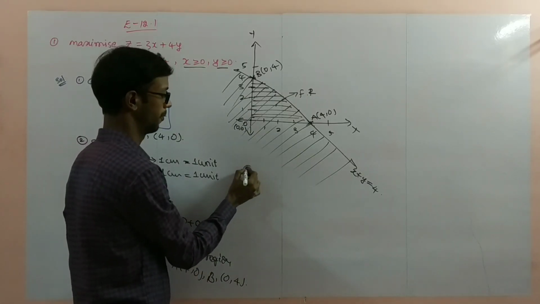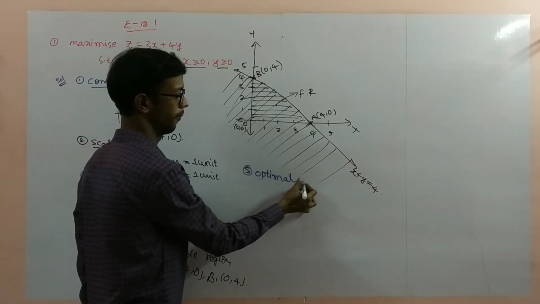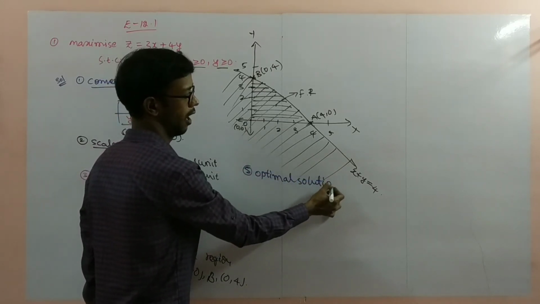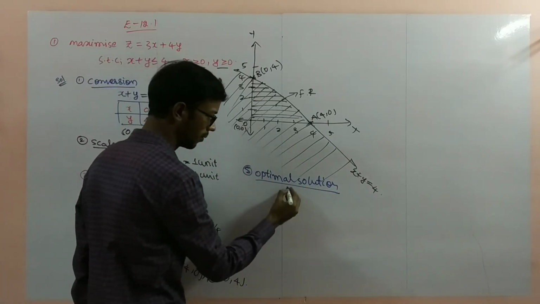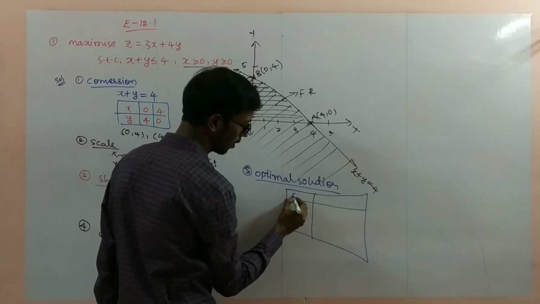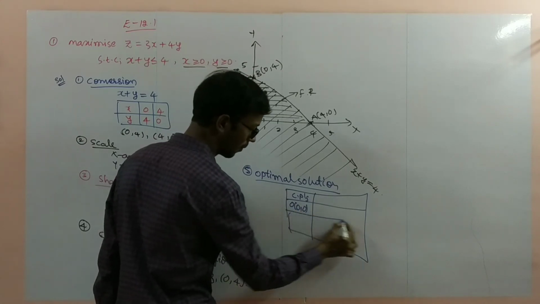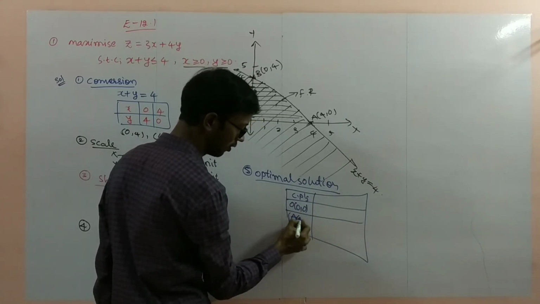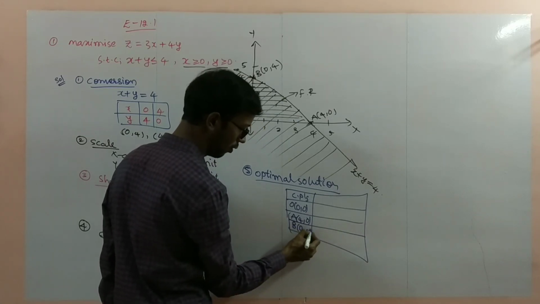Fifth point, optimal solution. Take the box: corner points O (0, 0), A point is (4, 0), B point is (0, 4).